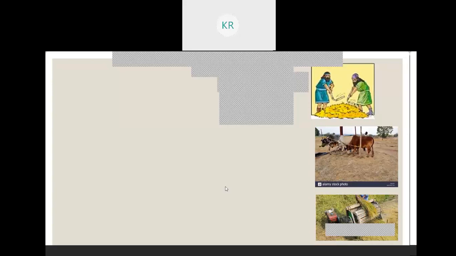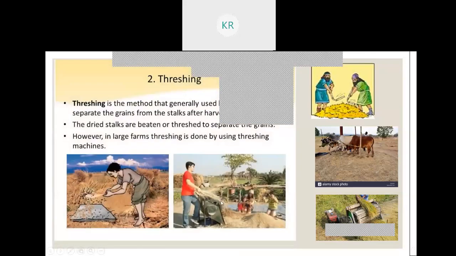The next method would be threshing. Here you can see the different pictures: by hands, by animals. Here you can see the different processes of threshing.